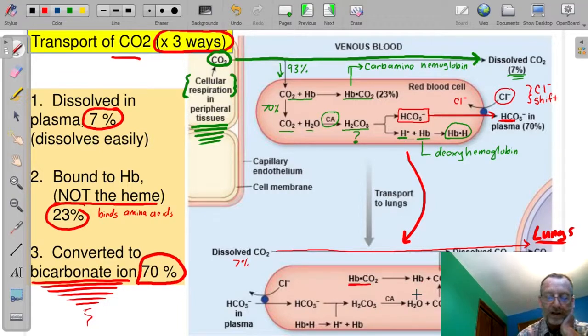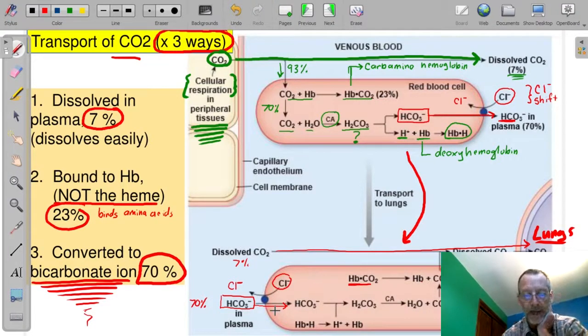And to deal with the bulk of it, 70% of the CO2 that was converted to bicarbonate, right? Here's a CO3. Well, the CO2 is in there. So the bicarbonate ion enters the cell again, and now the chloride shift goes backwards, just opposite. Turn the arrow around. The chloride comes out, so there's our chloride shift at the lungs.